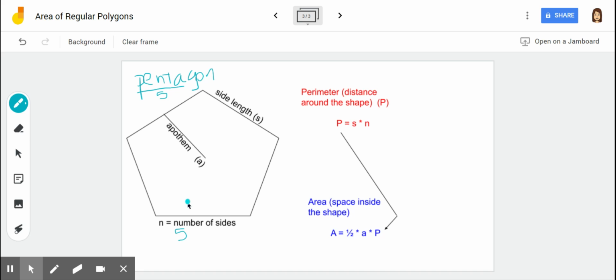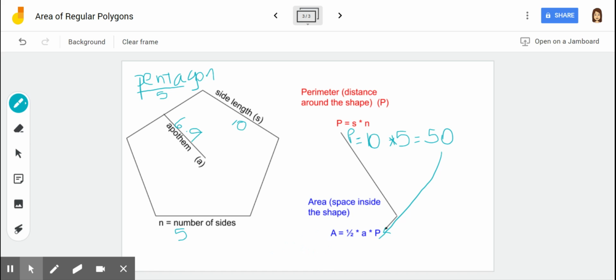In this example, my apothem is 6.9, and my side length is 10. So the perimeter, the distance around, is equal to my side length 10 times the number of sides, which is 5. So my perimeter is 50, and remember I'm going to substitute that in my area formula.